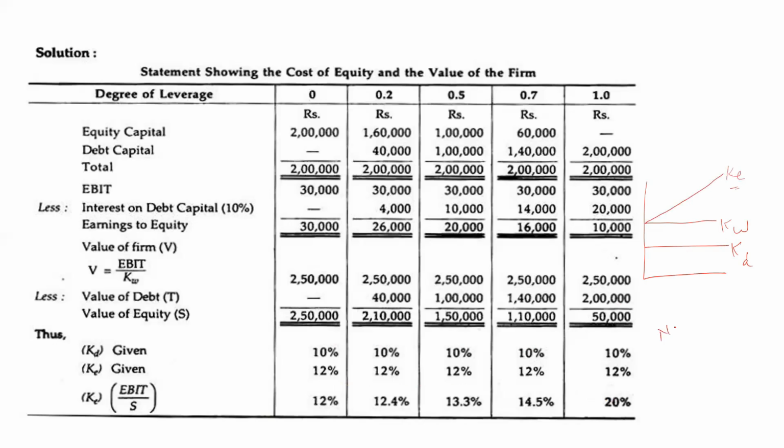So the net operating income approach tells you that with the use of more and more debenture in your capital structure, you are not gaining anything, because whatever gain you can achieve on the basis of the use of debenture or leverage is completely going to be offset with the increased cost of equity capital. So this is all about that approach.